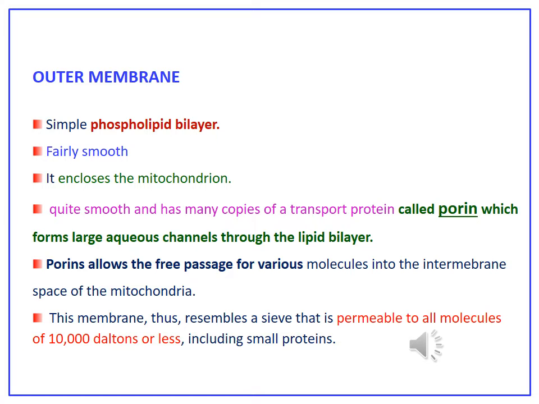The major role of porins is to allow the free passage of various molecules into the intermembrane space of the mitochondria. This membrane resembles a sieve that is permeable to all molecules of 10,000 Daltons or less, including small proteins.